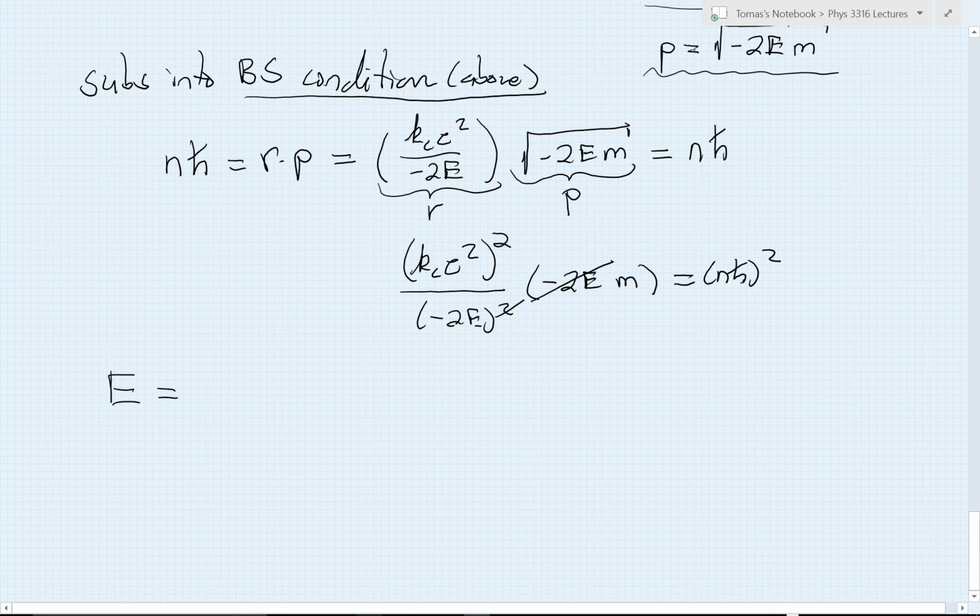Remember this minus sign canceled out, so I have minus 1/2. Might as well get those factors settled. I've got minus 1/2. I have mass. Let's circle it so I know I took care of it.